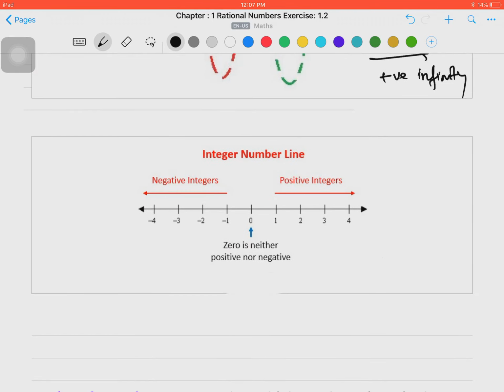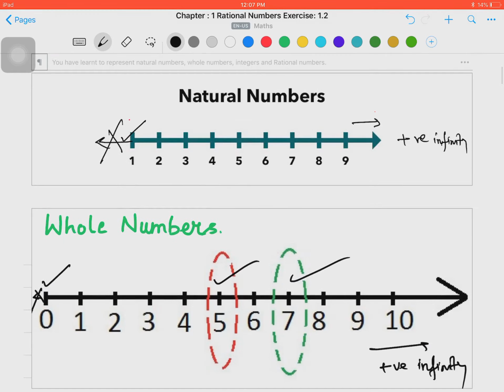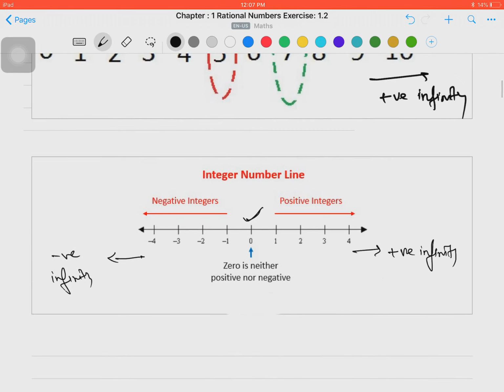Next we have the line representing integers. Now in this case the arrows will be put on both ends. On the right hand side it will go up to positive infinity, while in the negative direction it will go till negative infinity, and in the middle we have 0. That's how you have learned to represent natural numbers, whole numbers and integers in previous classes.